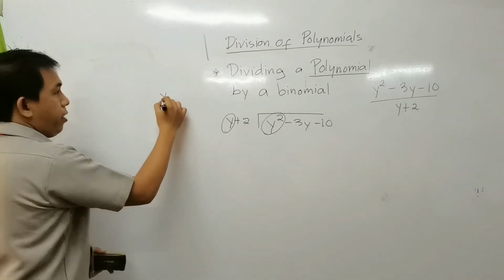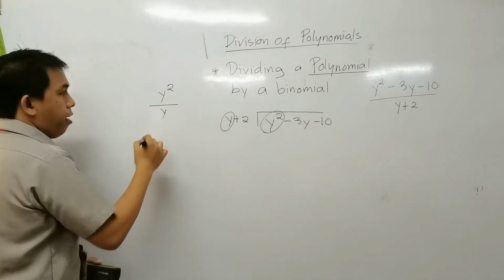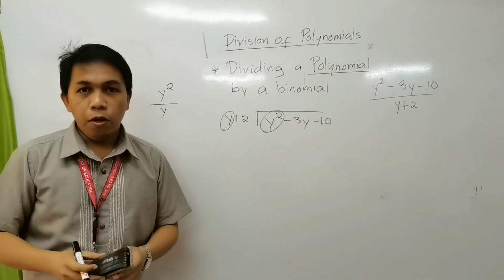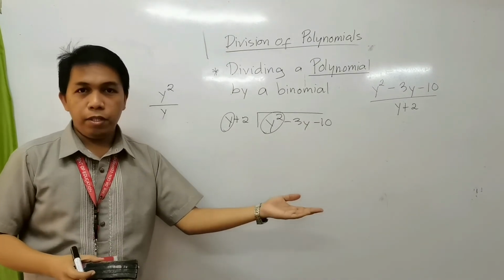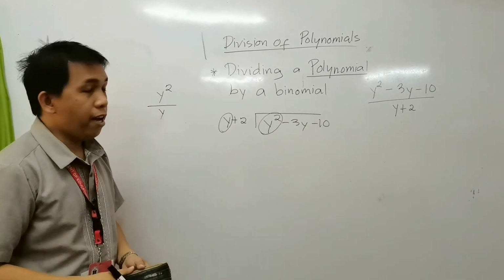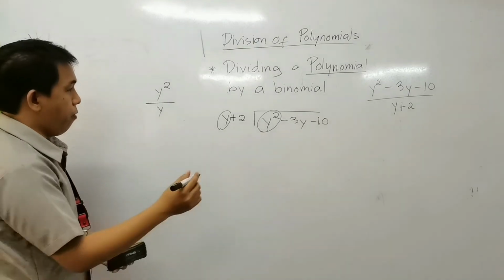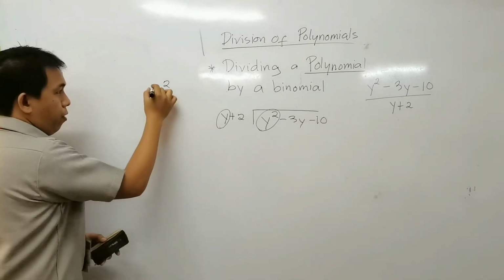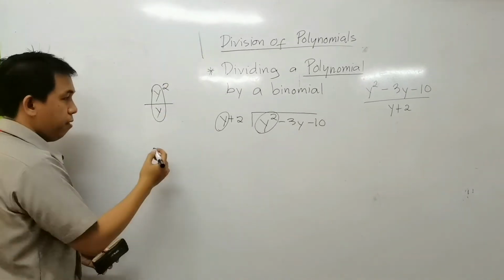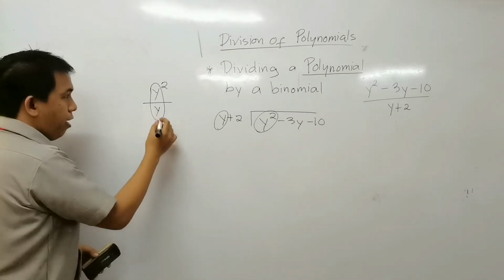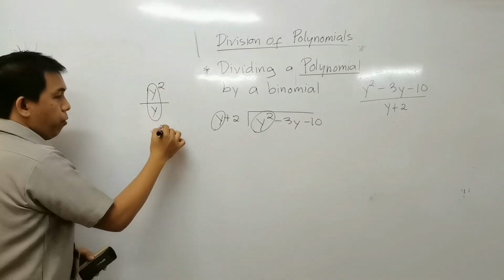So, we have y squared divided by y. Going back to the division of monomials that we have done a while ago, copy the base variable. So, we have y and then 2 minus 1.